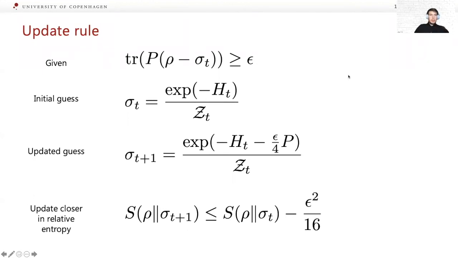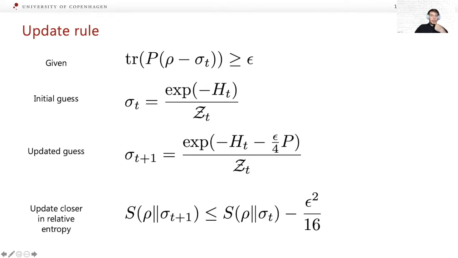More precisely, we can show that if this observable P can be used to distinguish rho from our guess, let's say at iteration t, and our guess has this Gibbs state form, then we can update the Hamiltonian of our guess in the direction of P, so add some sort of energy penalty in that direction.